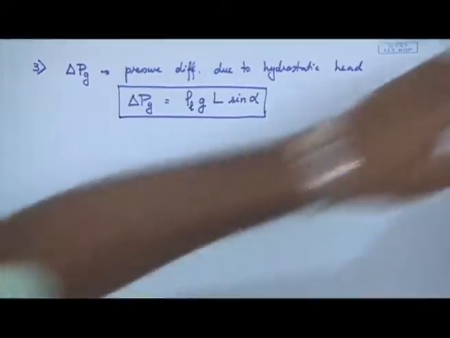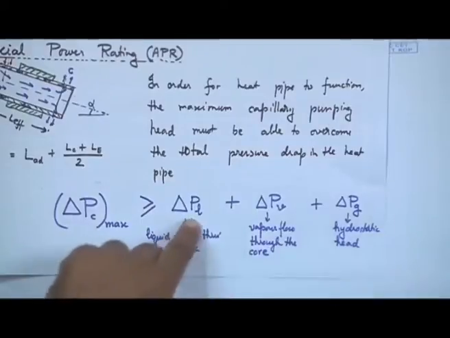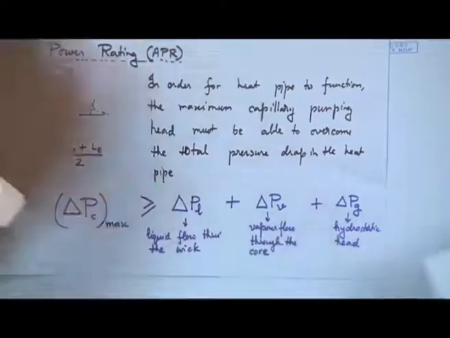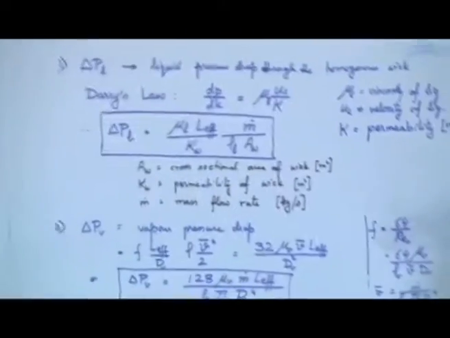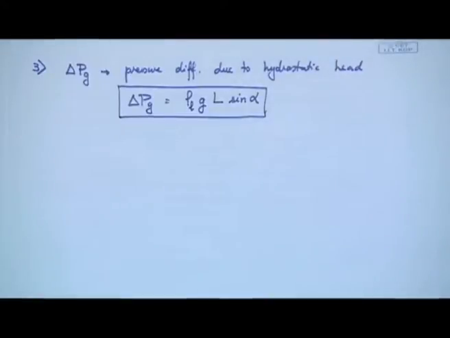Okay, so let us put these things all over again. This is what we wanted to have: delta PL, delta PV, delta PG, and we have expressions for all three.